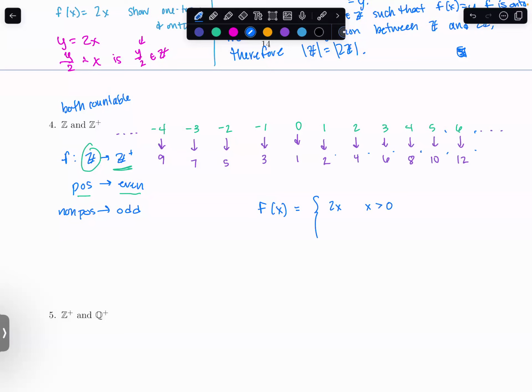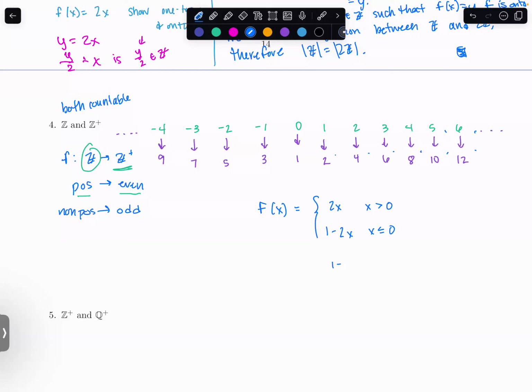Let's see, for going this way, 0 goes to 1, 1 goes to 3. So I'm going to get bigger, so we're going to subtract with negatives. So 1 minus 2x when x is less than or equal to 0. Let's try that.